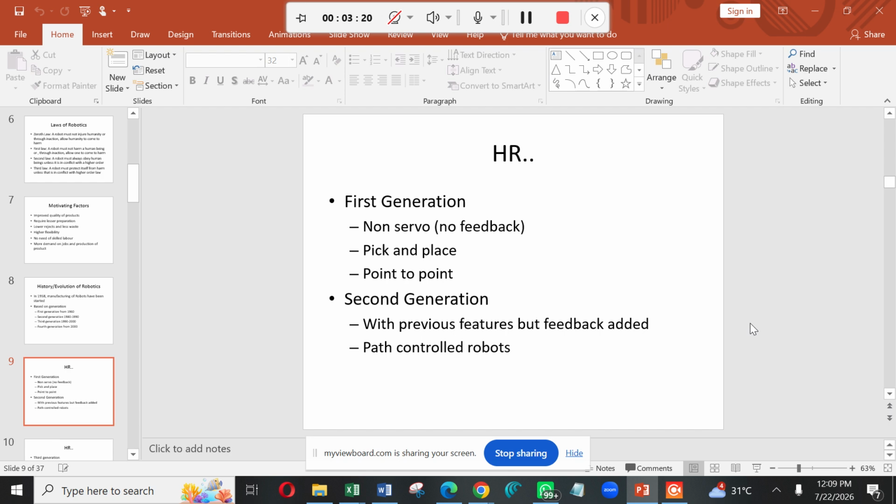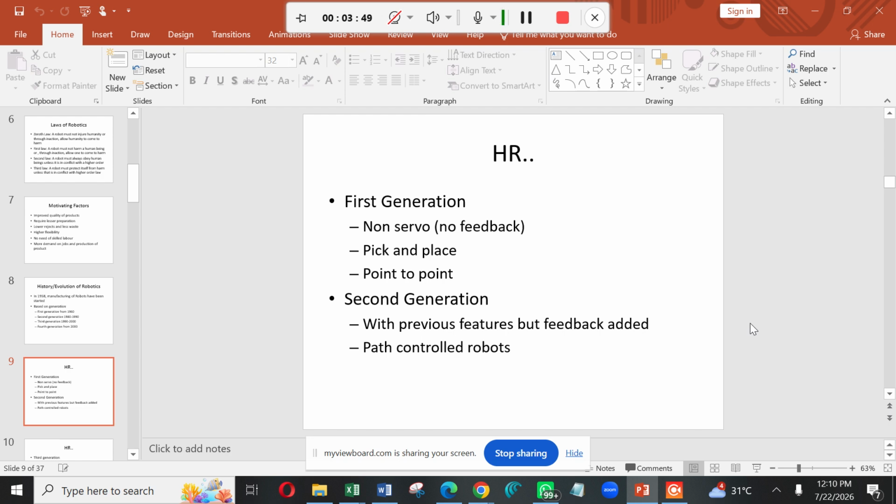In the first generation, there is no sensor for feedback, but in the second generation, they added sensors for feedback. For example, in the first generation, there is no sensor for obstacles, but in the second generation, they added a sensor to find the obstacle.